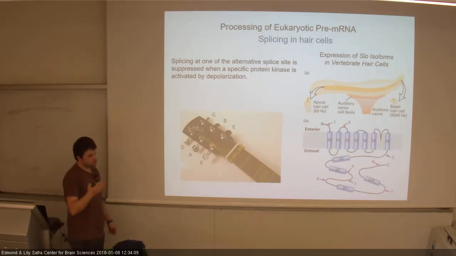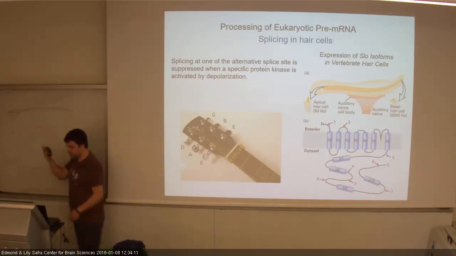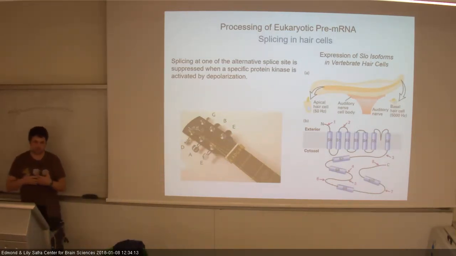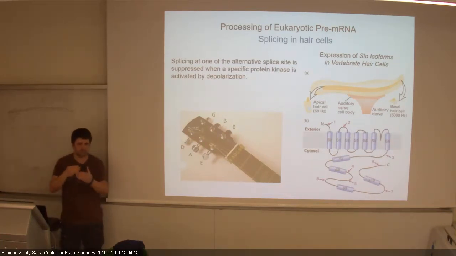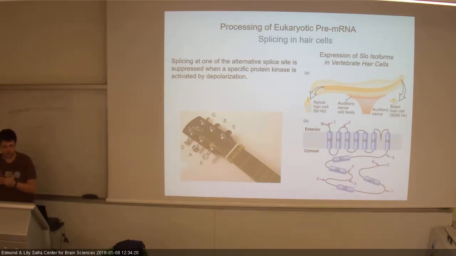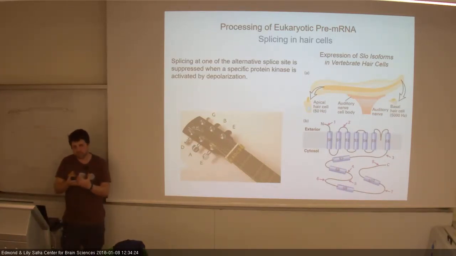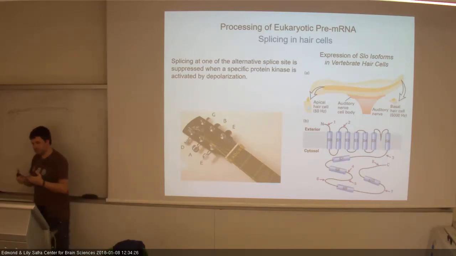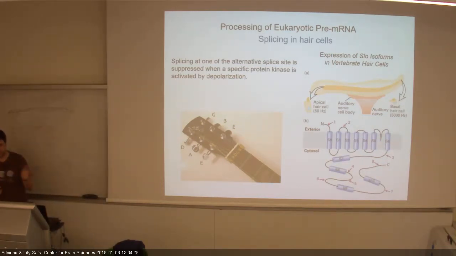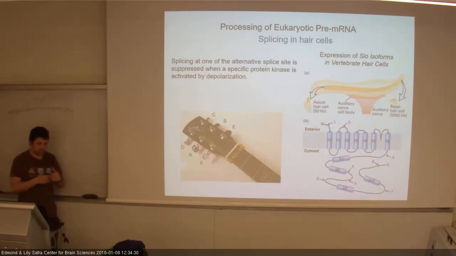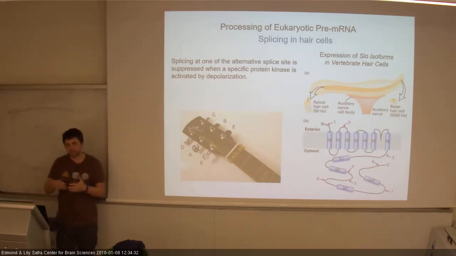Okay, so if we can turn back to the chapter about G-proteins, you can imagine that if the cell receives, for example, a significant amount of depolarization, it can activate PKA in a high amount, and this activation of PKA will cause not activation of a transcription factor and generation of an mRNA, but also alternative splicing.